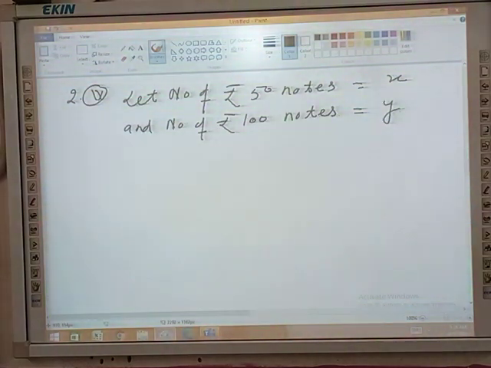Meena went to a bank to withdraw 2000 rupees. She asked the cashier to give her 50 rupees and 100 rupees notes only. Meena got 25 notes in all.